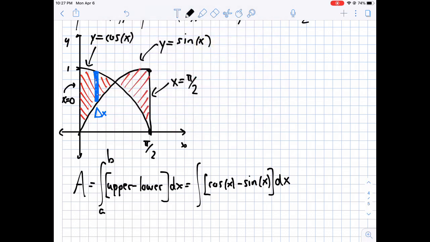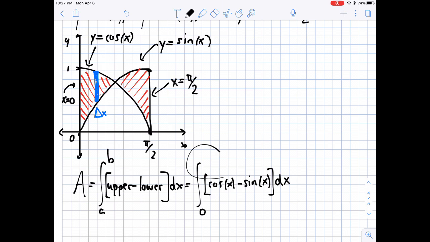All we have to do is treat it as two different regions, two different areas, and so two different integrals. The first integral will be the one that we're setting up right here. The upper function is cos and the lower function is sine. Now, what are going to be the limits of integration? Well, the smallest value of x here will be 0. That much is clear.